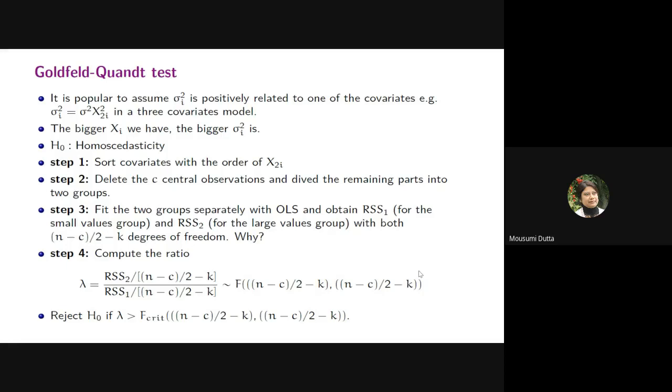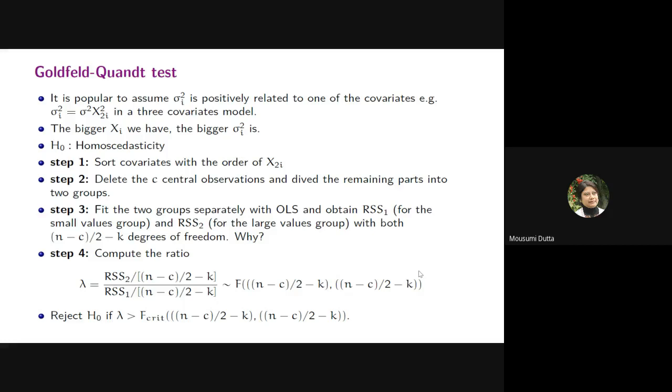So we will have the smaller values of the observations, and then the higher values of the observations. Then we will fit two separate least squares regressions for the two models, for the smaller numbers and for the larger numbers. And then we will calculate the residual values; we will consider RSS1 for the first group and RSS2 for the second group.